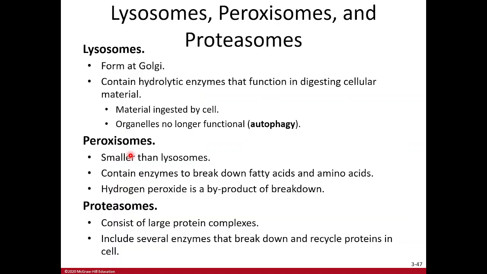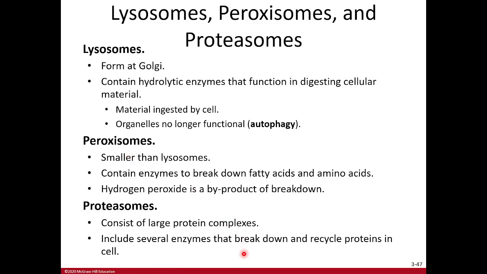Now we have also minor organelles like lysosomes, peroxisomes, and proteasomes. Lysosomes are formed by the Golgi apparatus, and they have enzymes that are going to digest the cell material or the cell itself when the cells are damaged. In this case, you call this autophagy.